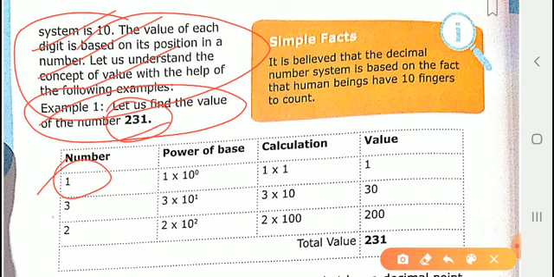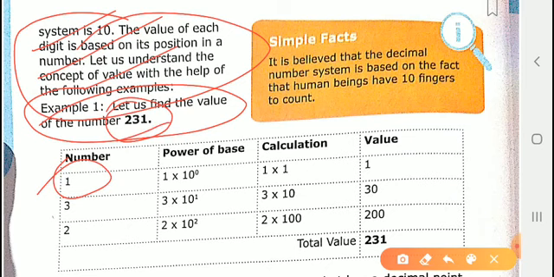Then some other values with a decimal point are given, which we have to discuss. In the place after the point, 9 is given, so it is 9 into 10 to the power minus 2, that is 9 into 0.01, and the value is 0.09. Then 2 is given, 2 into 10 to the power minus 1, that is 2 into 0.1, and the value is 0.2.